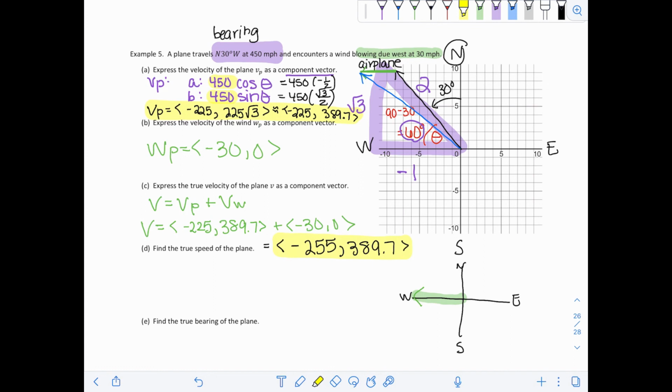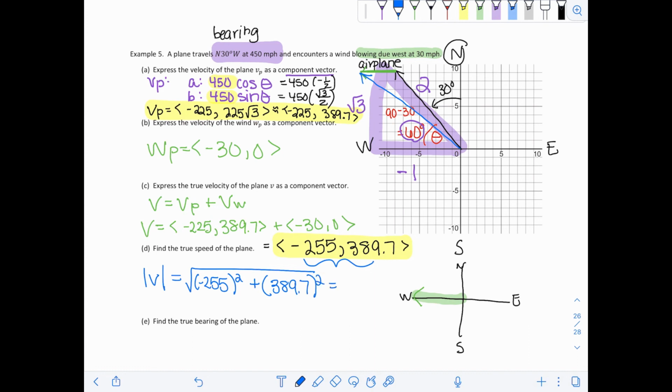What about the true speed of the plane? This really means that we need the magnitude of that blue line, which is the square root of 255 squared plus 389.7 squared.